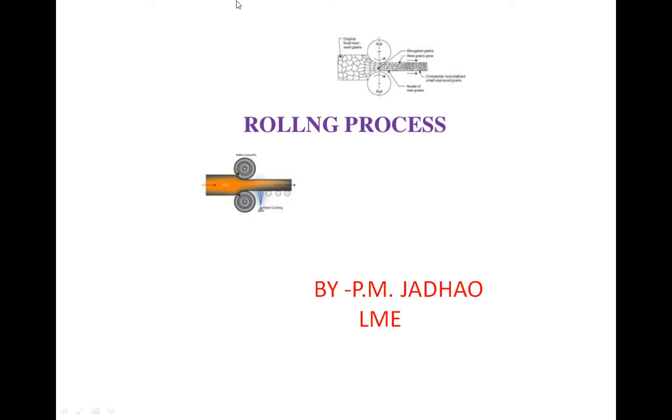In the last lecture, we studied the hot and cold working of metals, and we also saw the difference between them. Rolling is a process which is carried out when the metal is hot and also when it is cold.